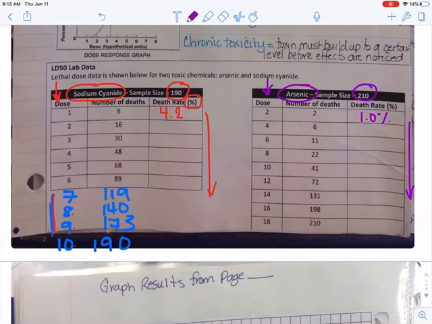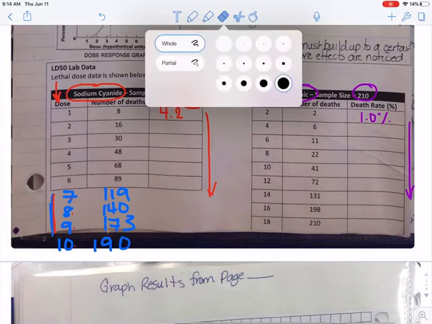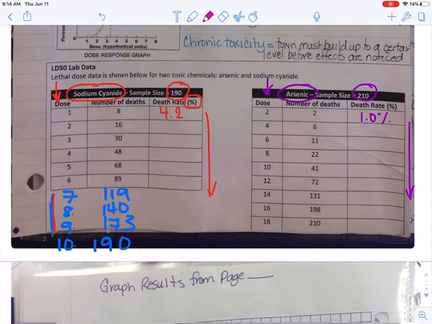This is what you're going to use to plot your graph on the facing page. So you're going to be using, let me get my little highlighter here. No, that's my eraser. My highlighter here, you're going to be using the dose and the death rate for each of these, okay? So those are the two columns that you need for the graph.